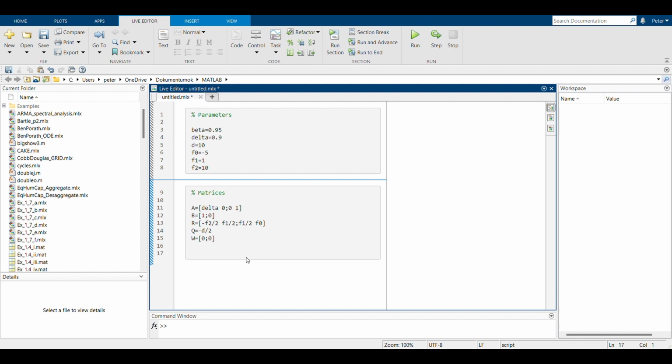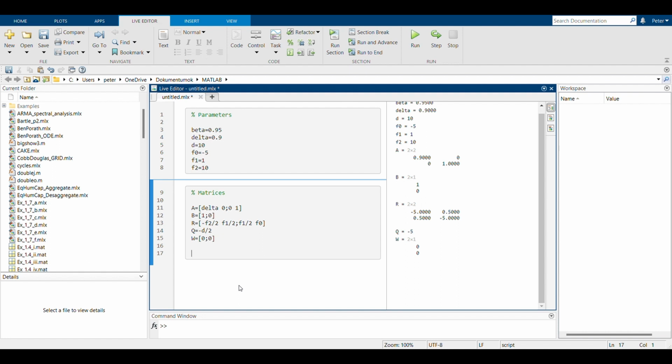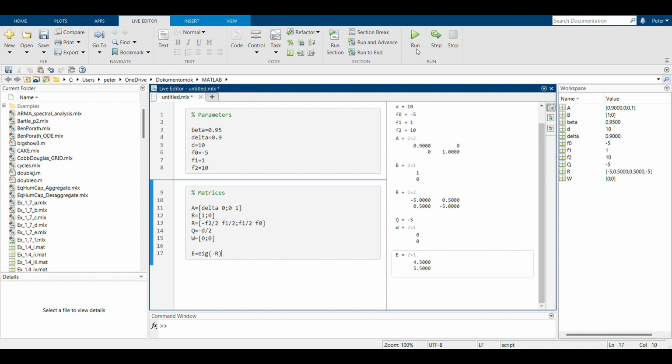But before doing anything, let's run what we have and check if matrix R is negative definite. We can check it if minus R is positive definite, and it is positive definite if the eigenvalues are strictly positive, and we can see that the eigenvalues are strictly positive. So minus R has positive eigenvalues, so R is negative definite, so we are good.